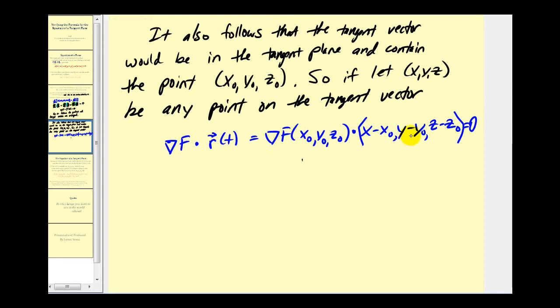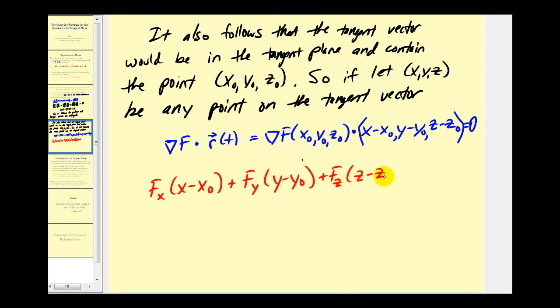And so if we determine this dot product, we have the partial of F with respect to x times x minus x sub 0, plus the partial of F with respect to y times y minus y sub 0, plus the partial with respect to z times z minus z sub 0 must equal 0, which is the equation of a tangent plane.